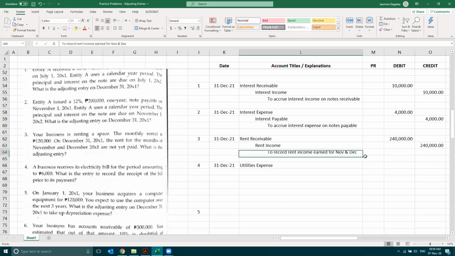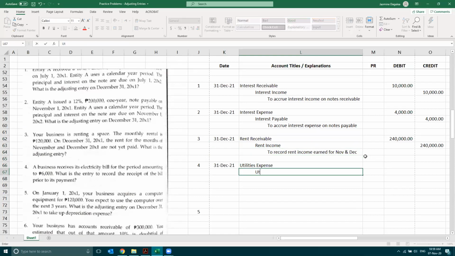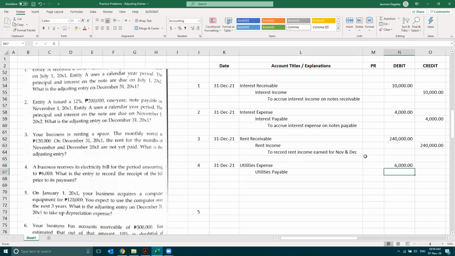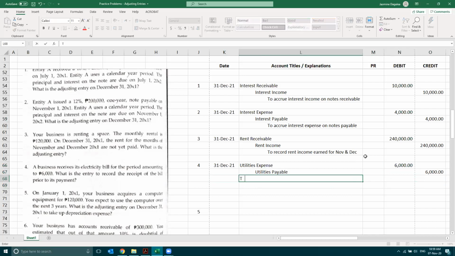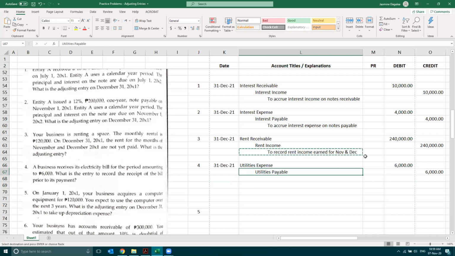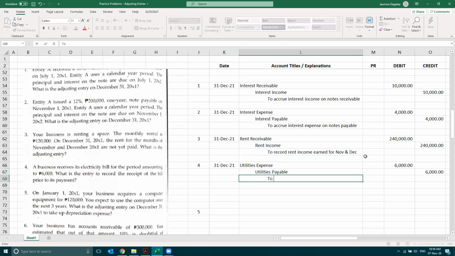Utilities payable. Magkano daw? 6,000. Okay. Ganun lang.